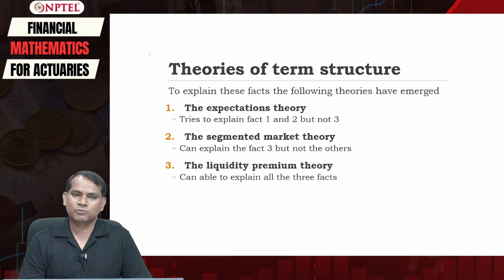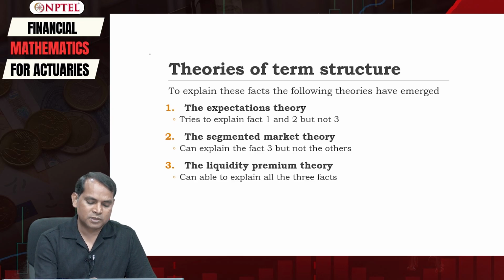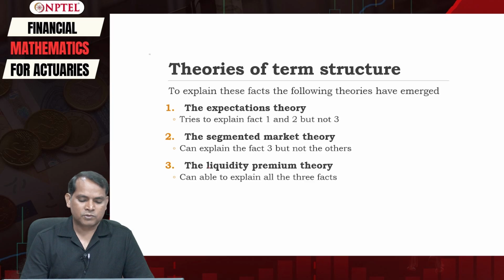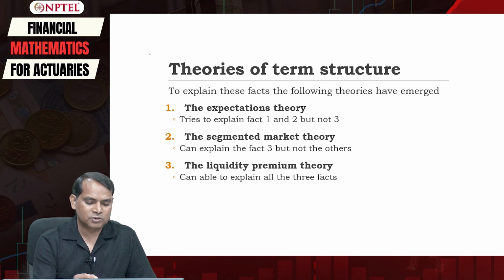There is also one more theory known as the preferred habitat theory. The conclusion of the preferred habitat theory is equivalent to the liquidity premium theory, and therefore once you understand the liquidity premium theory, you can also understand the preferred habitat theory. So let us understand these theories one by one.